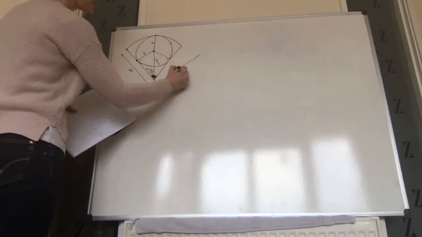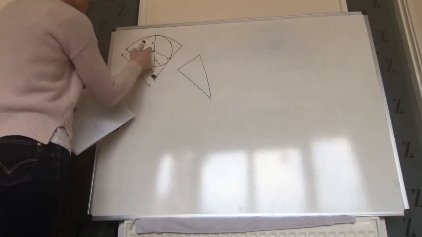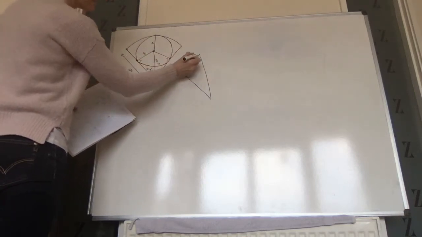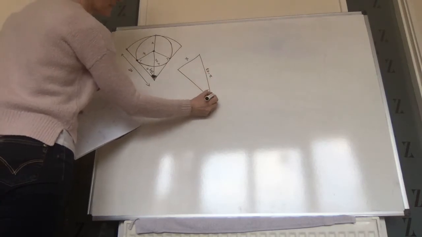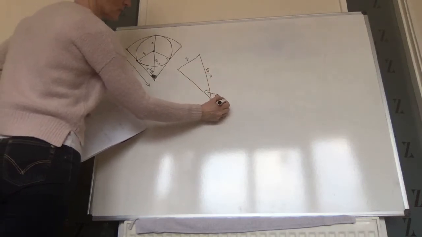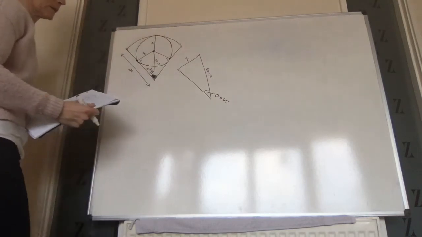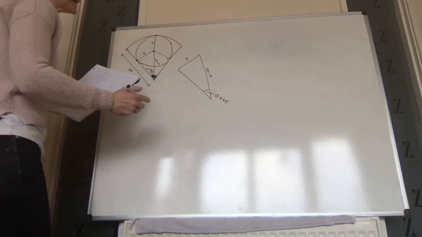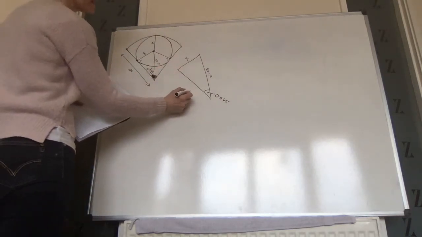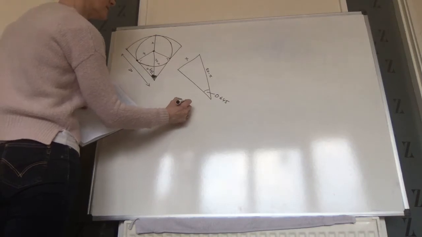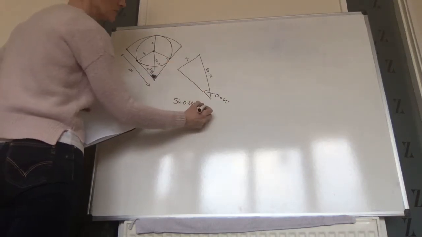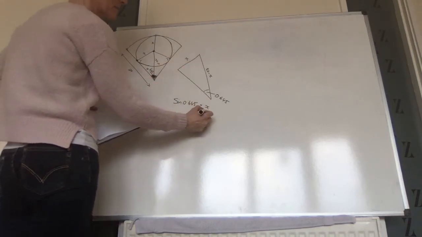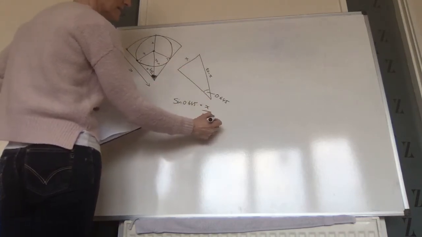Let me draw that triangle outside. You have x, you have 20 minus x, and you have the angle 0.645 radians. From that, you can see that the sine of 0.645 radians is equal to x, opposite over hypotenuse, over 20 minus x.